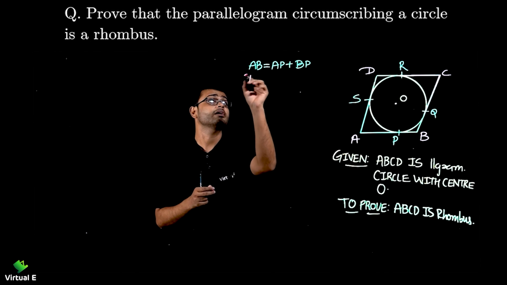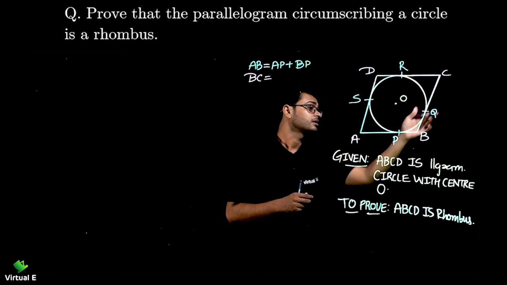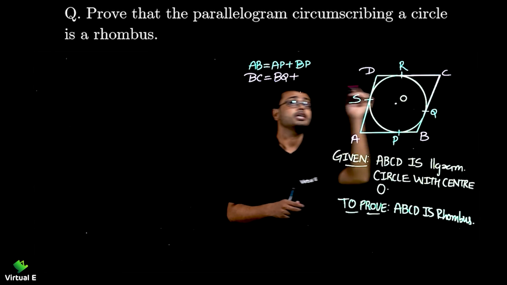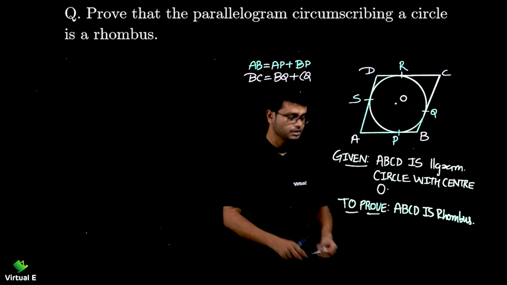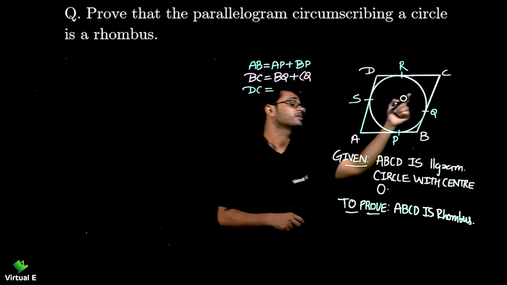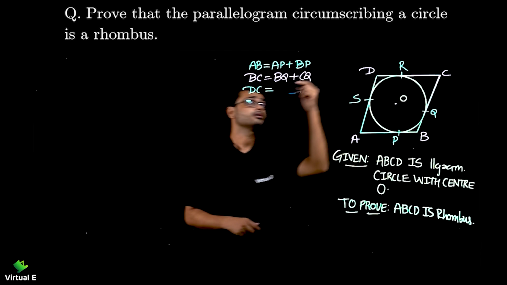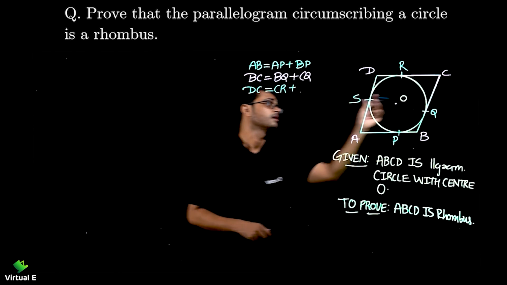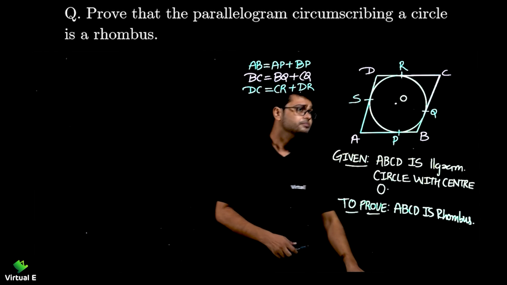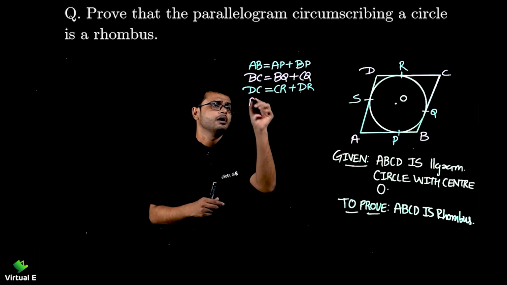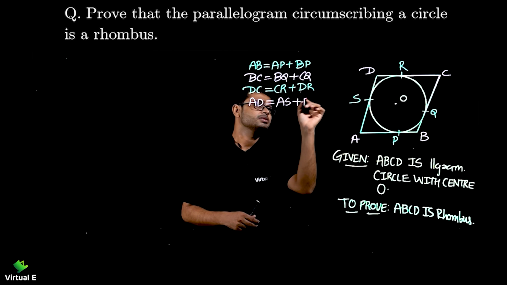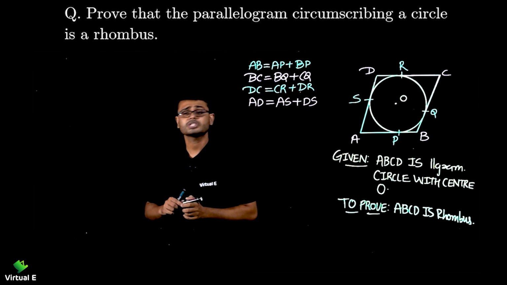So BC can be written as BQ plus CQ. Done. Now let's write about DC. DC can be written as CR and another is DR. Done. And AD can be written as AS plus DS. Done. So 4 sides are written.